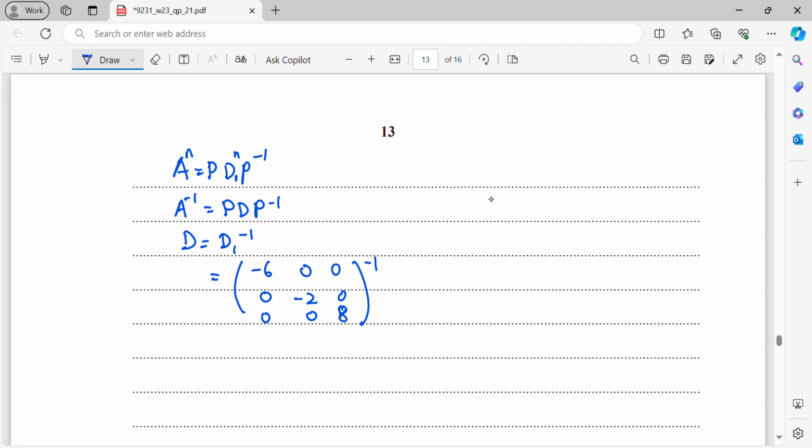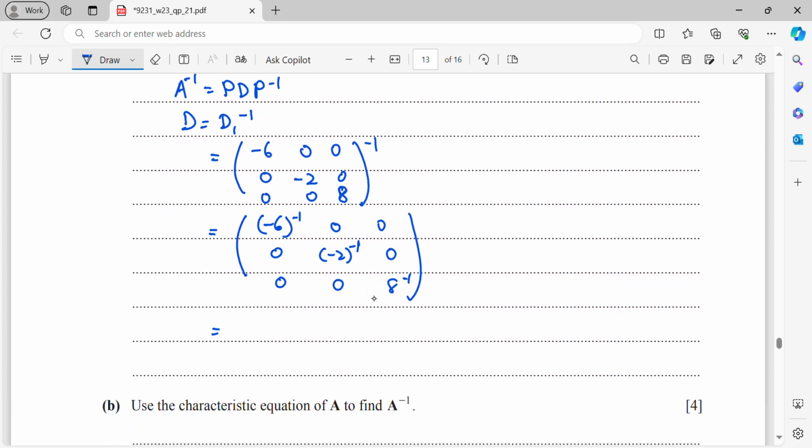So when it is a diagonal matrix, this -1 you can just bring in as the power of all the diagonal values. So this is -6 to the power -1, 0, 0, 0, -2 to the power -1, 0, 0, 0, 8 to the power -1. Then here I will get -1/6, 0, 0, 0, -half, 0, 0, 0, 1/8.